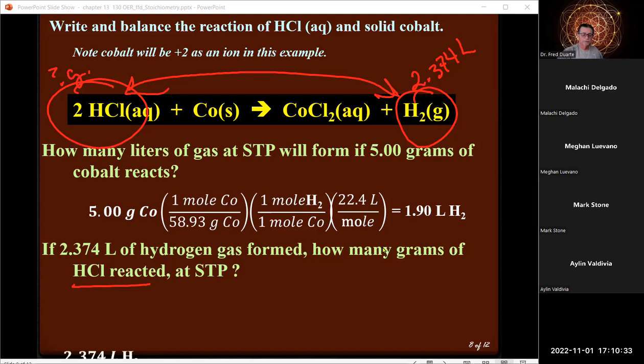So we start off with what we're given, 2.374 liters of hydrogen gas. We're at STP. That allows us to use the 22.4 liters per mole relationship. This then gets us into moles of hydrogen.